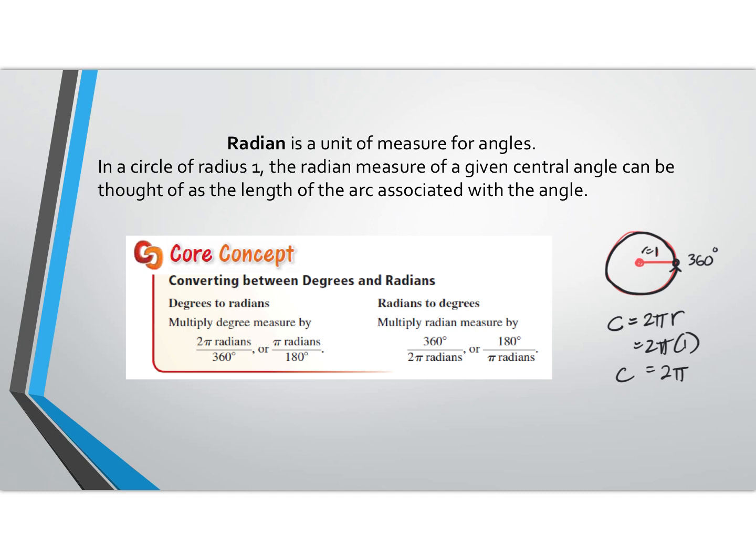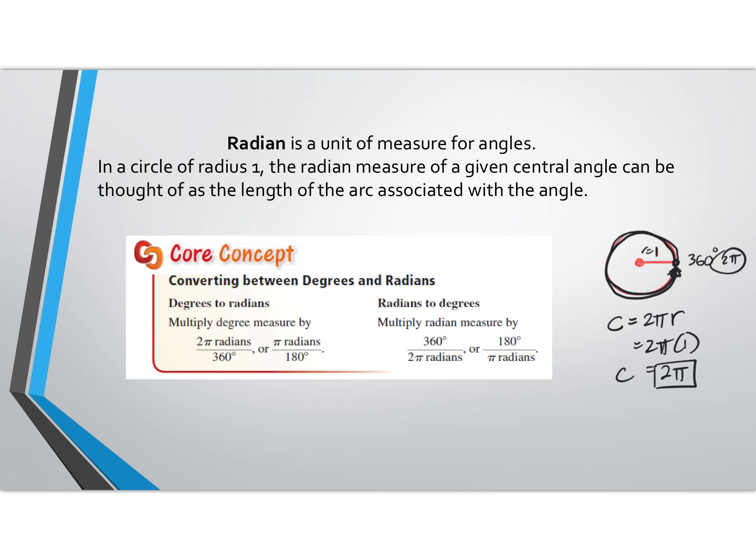So in what's called a unit circle, or the most basic with a radius of 1, we recognize that 1 complete revolution is 360 degrees, but it's also 2 pi in radians, okay? So I know that's kind of a little bit strange, but we just recognize that 360 degrees is the same as 2 pi radians, okay?